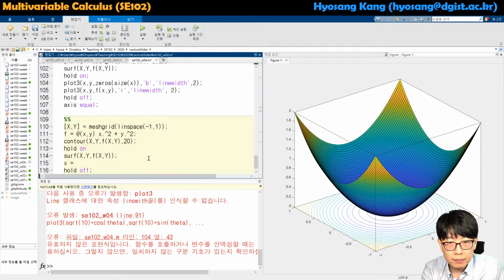Let's say x from minus 1 to 2, sorry, minus 1 to 1, and maybe just minus 1 to 0. Plot x and 1 over x as a red line.